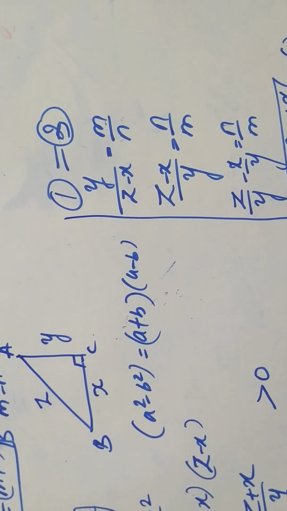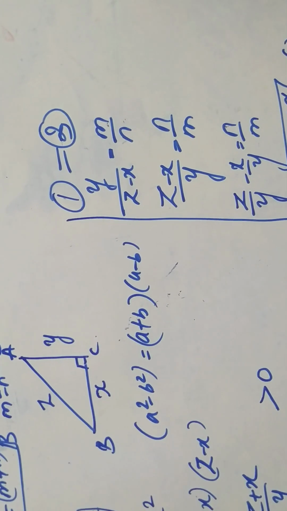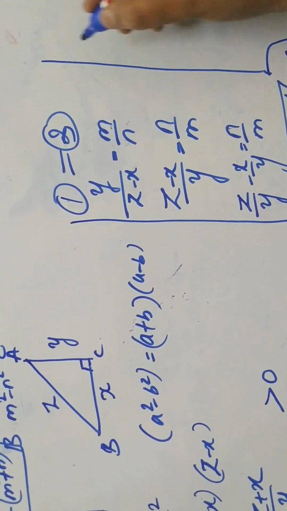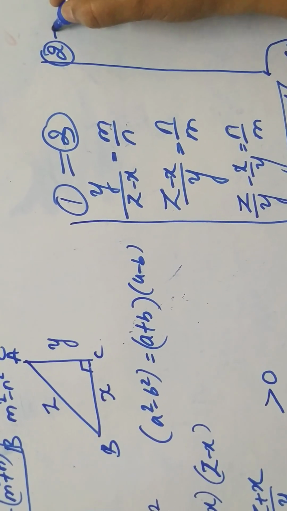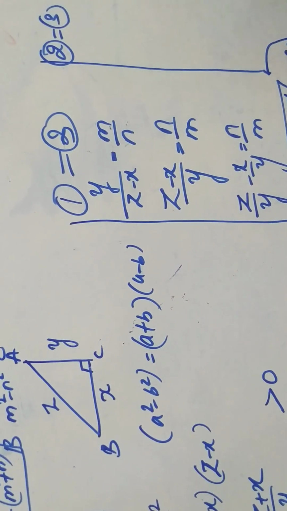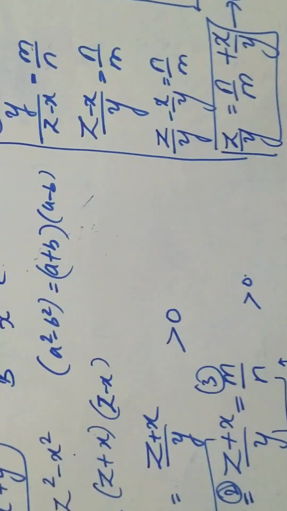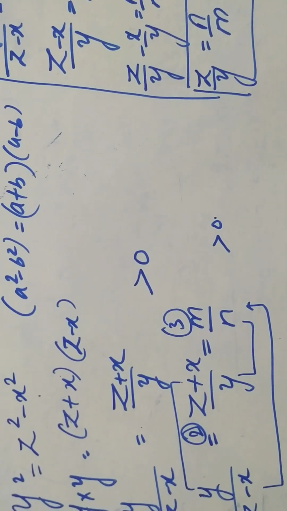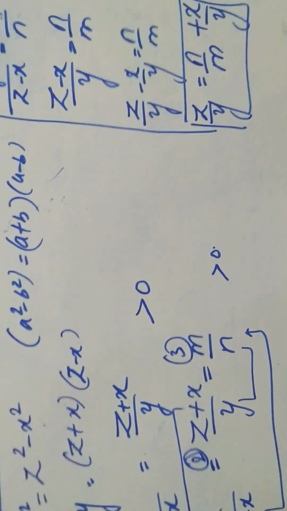Now we will equate second and third term. So I'll do it by the side. So second term and third term. Let's go back and check what is the second term we had. It was z plus x by y is equal to m by n.